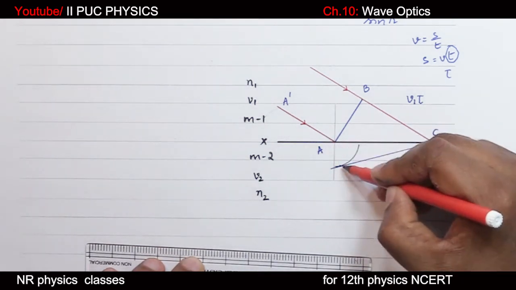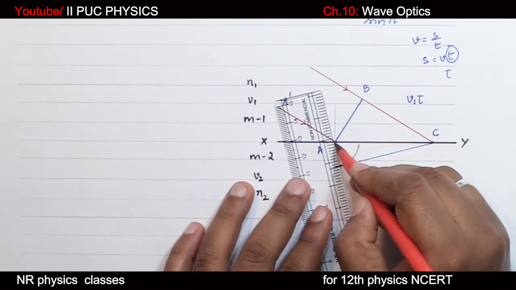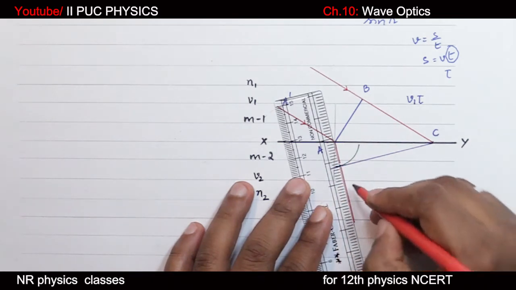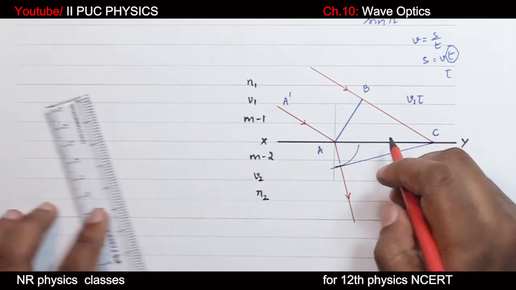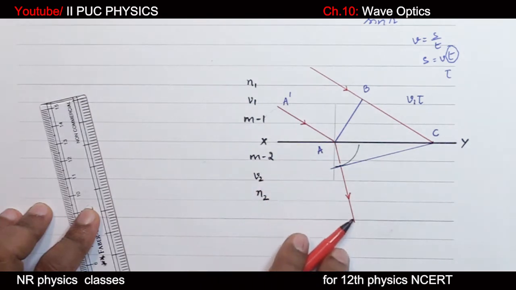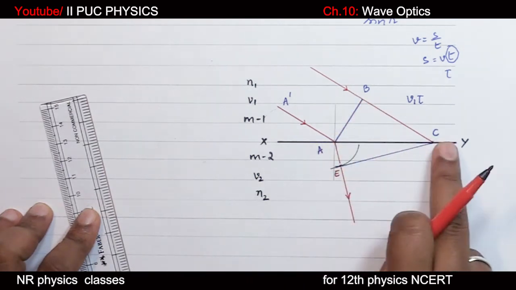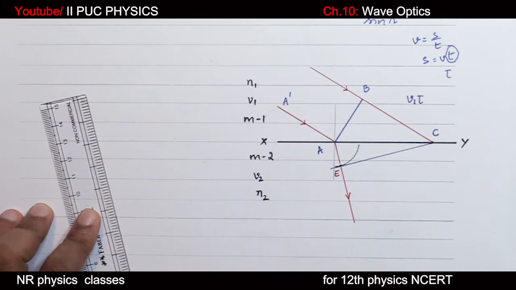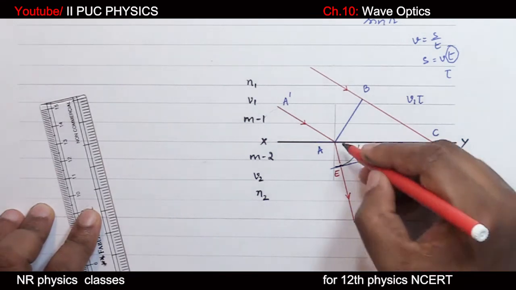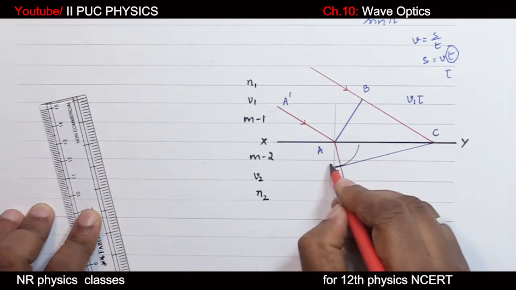Now let me join A and this point. Students, are you surprised? See here, incident ray. This is the refracted ray. This point is E. A, B, C, E. AE is V2 tau.